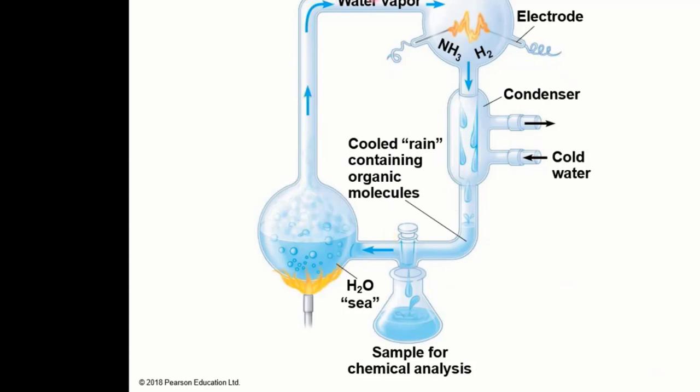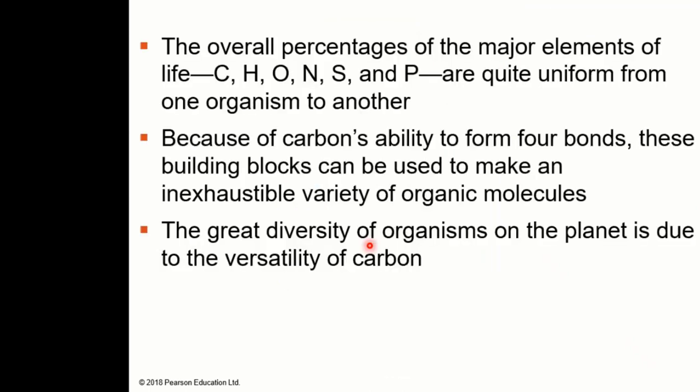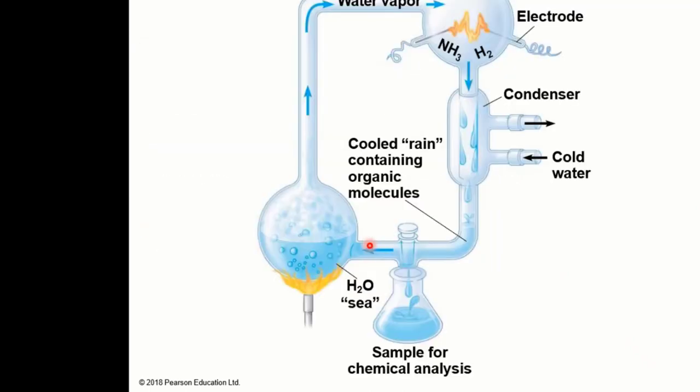We talk about water vapor, atmosphere, electrode. These elements are condensed here, and the water that goes out, then the cold water that comes in, cools the organic molecules, and then it goes here. This is more or less the experiment they did, like a flow chart, but you don't need to worry about this diagram.